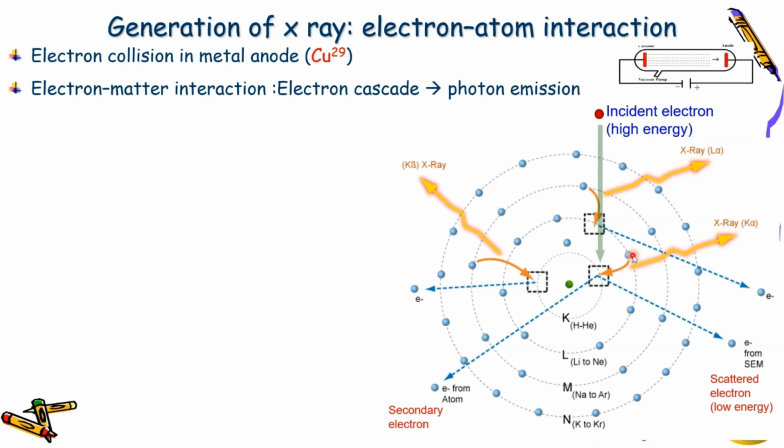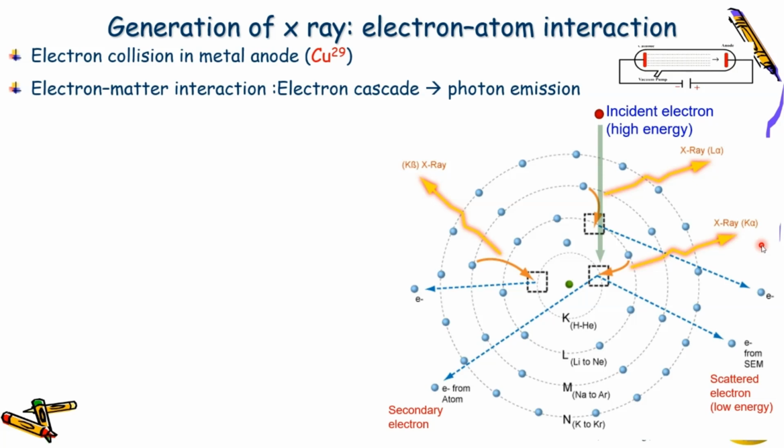So an electron in the outer shell will cascade from the outer shell to the inner shell. And what happens? Energy exchange. This energy will be exchanged to what? Electromagnetic radiation. We call it X-ray. From the outer shells it would be visible light, but for the inner shell, the energy is high, so we call it X-ray.